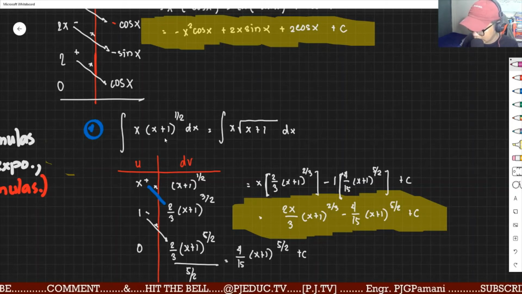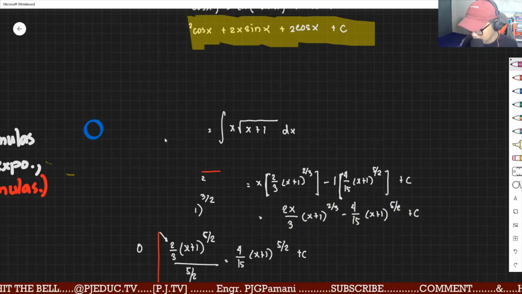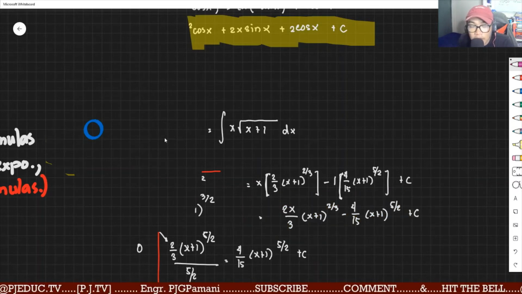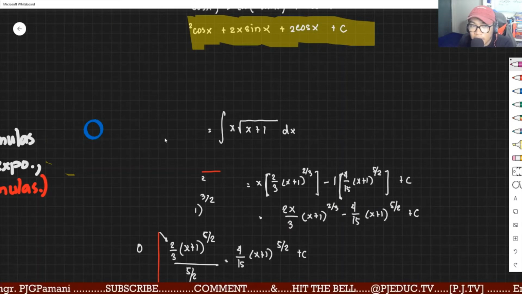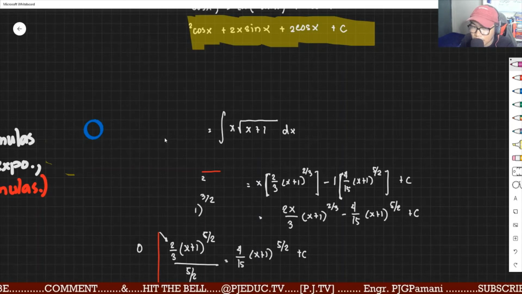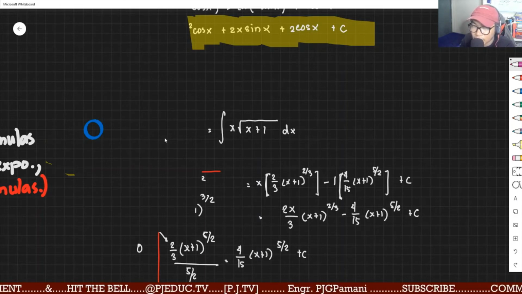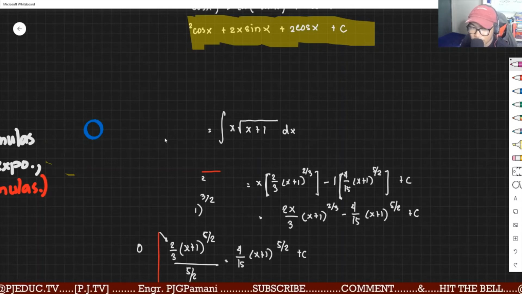Question. Sir, bakit po ulit chinek nyo kung madederive pa yung nasa loob ng parenthesis before proceeding with the power formula, sir? Baka kasi meron siyang kailangang term. Mahirap na kung di tayo makakapag-introduce ng correcting factor. Okay po, sir.